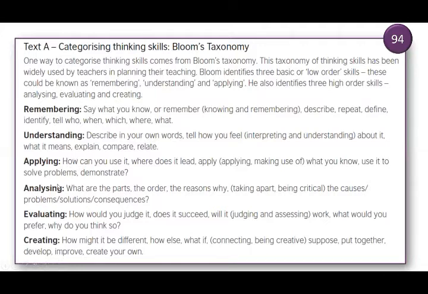It also identifies three higher order thinking skills, such as analyzing, evaluating, and creating. To find more information about that, you should go to page 94 in your ebook. Bloom's taxonomy started with the remembering skill.